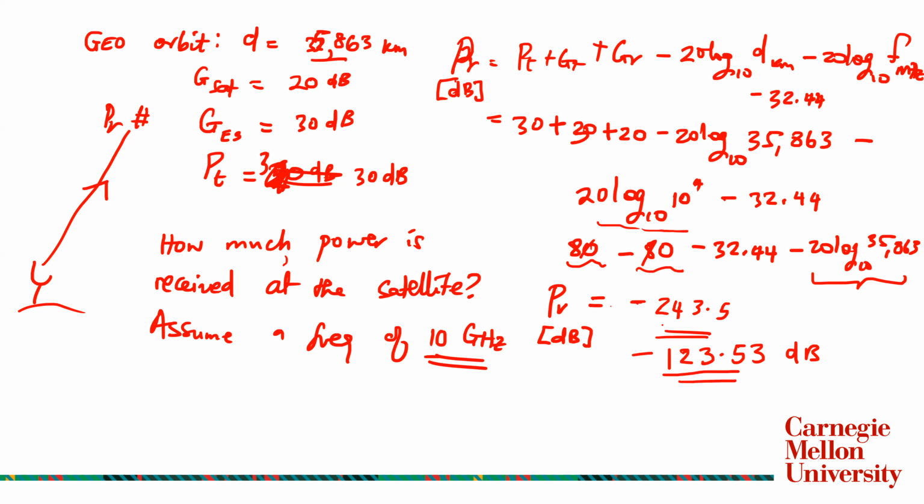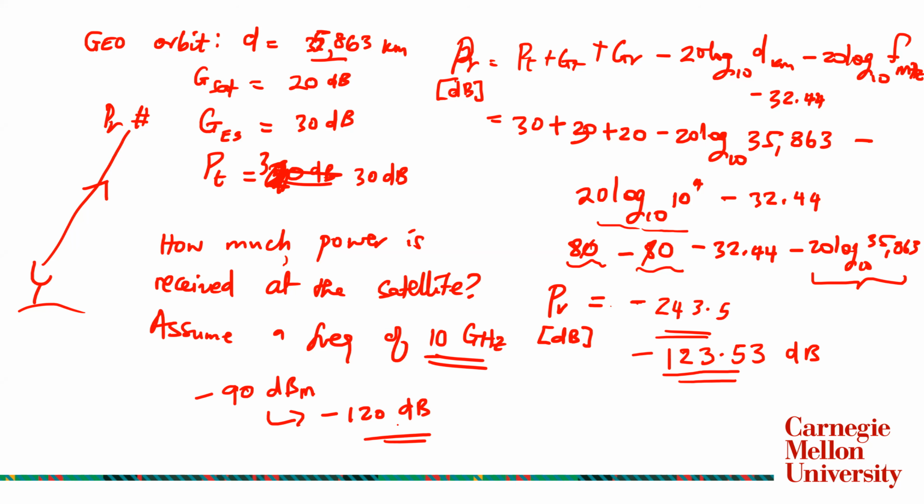So negative 123.53 can easily be received. Of course, I got these numbers from my head. They are just random numbers. But negative 123.53 can easily be received on a satellite. If you know about your phone, your phone receives about 90, actually it is more in dBm. There is something called dBm. So negative 90 dBm is actually negative 120 dB.